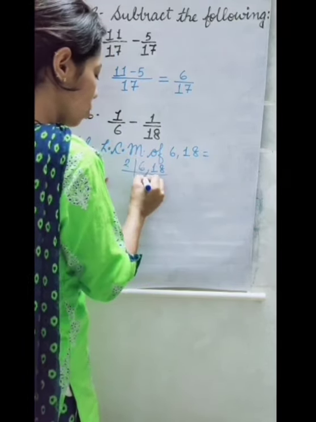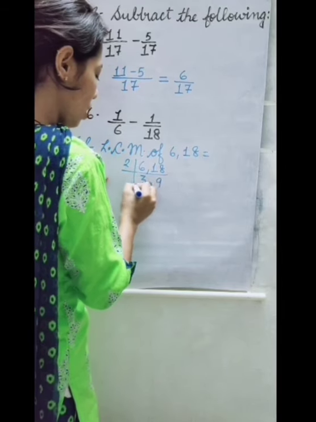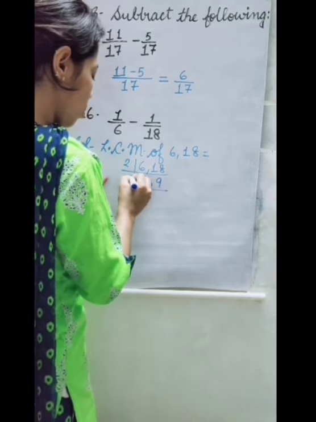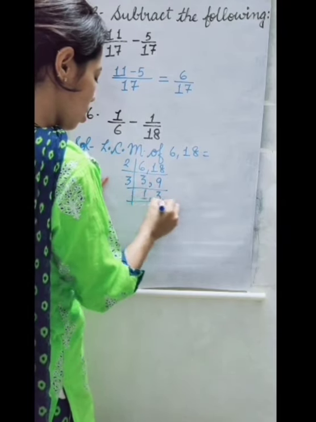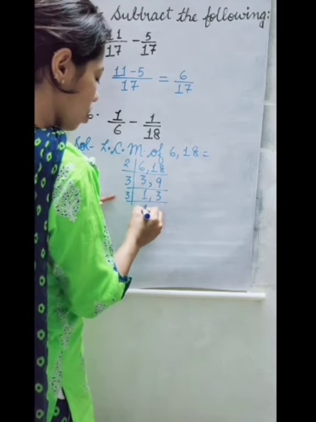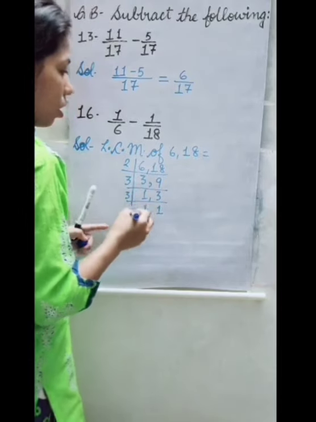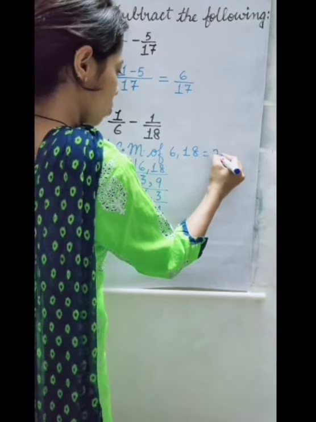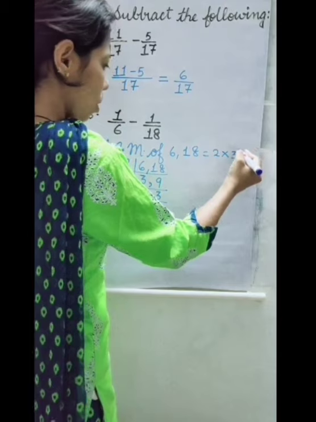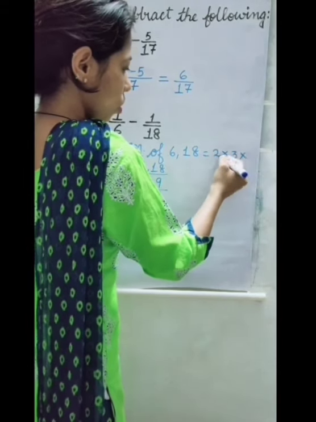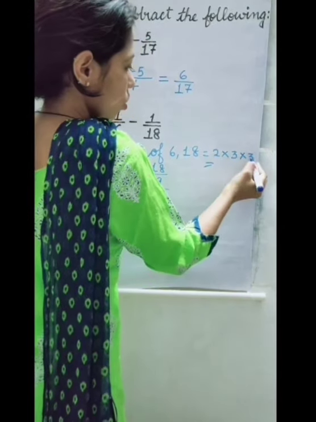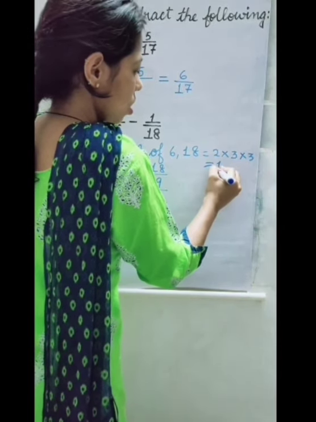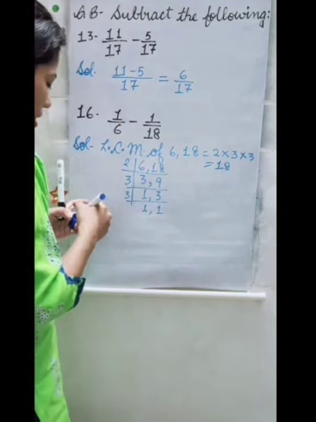By 2 we will do 2 3s are 6, 2 9s are 18, 3 1s are 3, 3 3s are 9, then 3, 1 and 1. So LCM is equals to 2 times 3 times 3. 3 3s are 9, 9 2s are 18. So the LCM is 18.